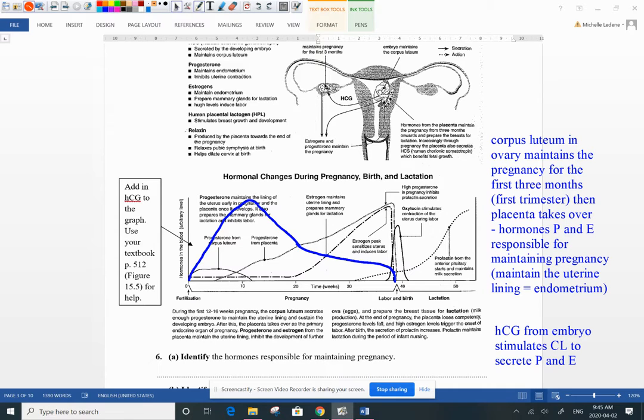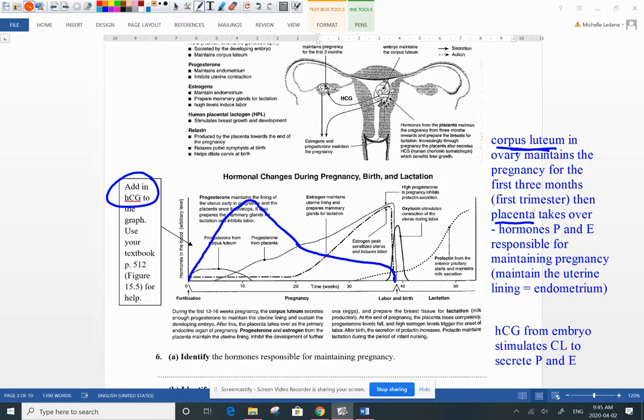So I've just added in here HCG, and this is important. This hormone is coming from the chorion of the embryo, and without it, there's not going to be a pregnancy. So it's the corpus luteum that's maintaining the pregnancy. After the first 3 months, that job is taken over by the placenta.